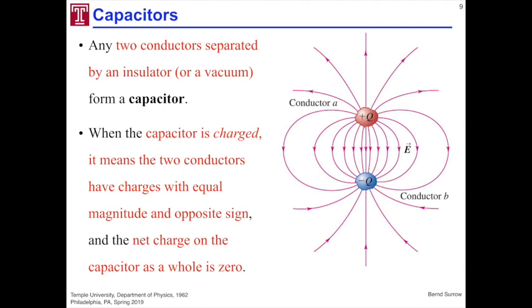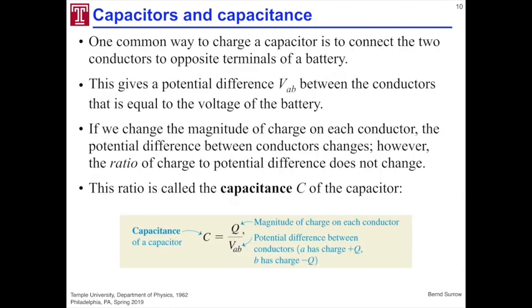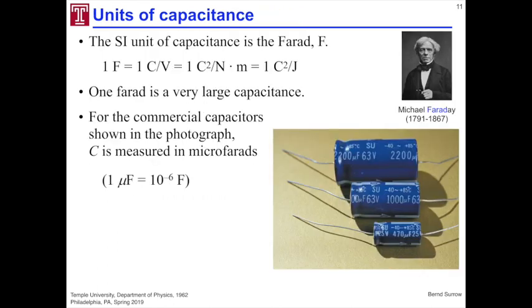That ratio, the magnitude of the charge of each conductor divided by the potential difference between the conductors, V_AB, is a constant, and that characterizes the geometrical configuration, and that is referred to as the so-called capacitance.